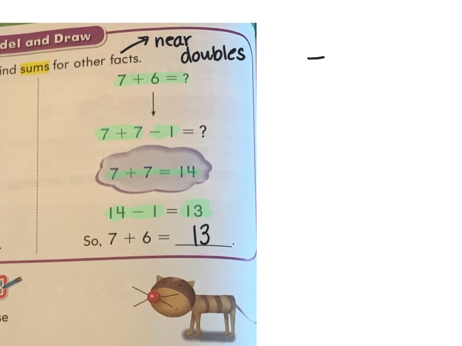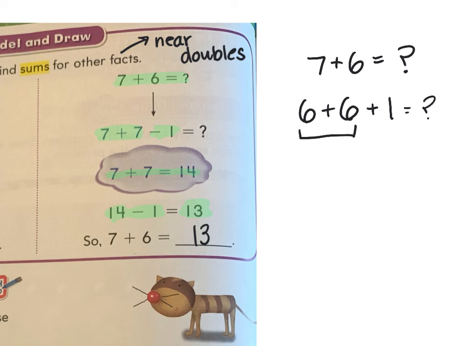Could you solve 7 plus 6 a different way? What other doubles fact could you use? You could think of 6 plus 6 plus 1 more. So what's 6 plus 6? 12.